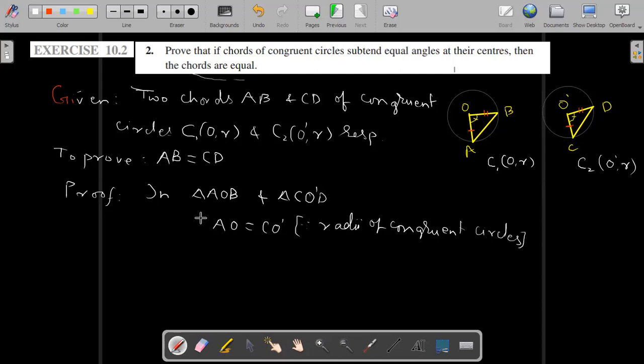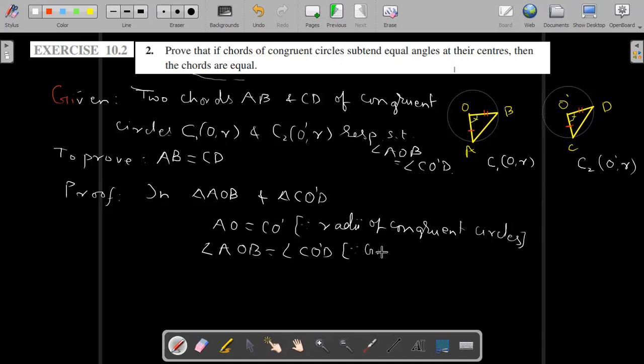Okay. Then the angle is also given. We should write respectively such that angle AOB is equal to angle CO dash D. Also add this one in the given condition. So angle AOB is equal to angle CO dash D. Reason?